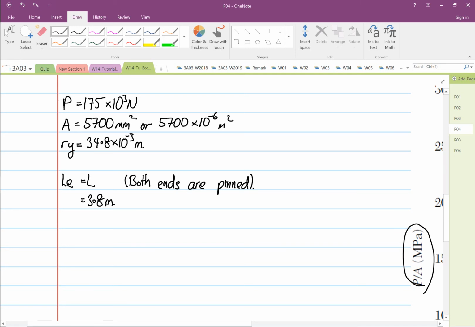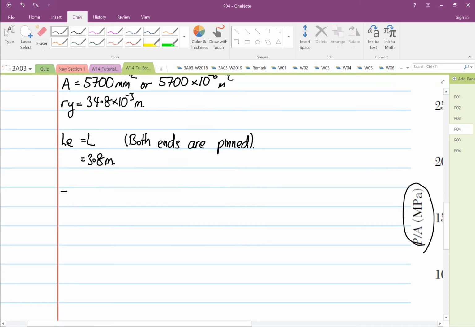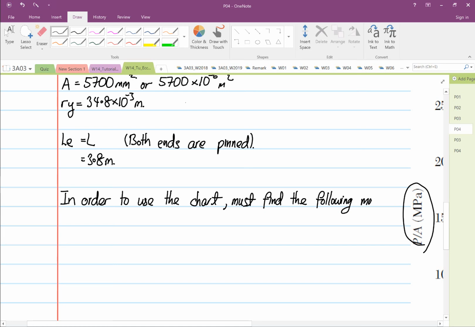So in order to use the chart, we must find the following magnitudes.